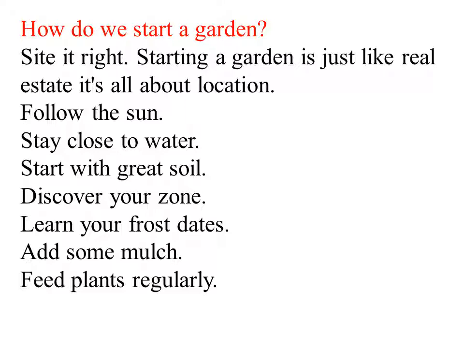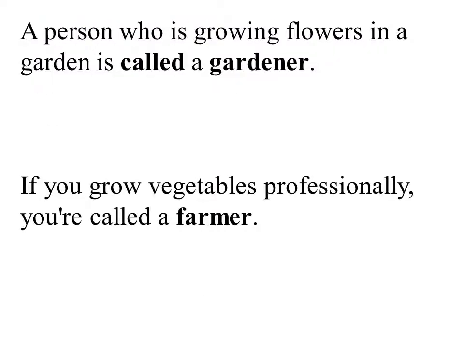That site must get sunlight in good condition, and that piece of land should be close to the water supply. Start with great soil. In this way we can first select the place where we have to develop the garden.